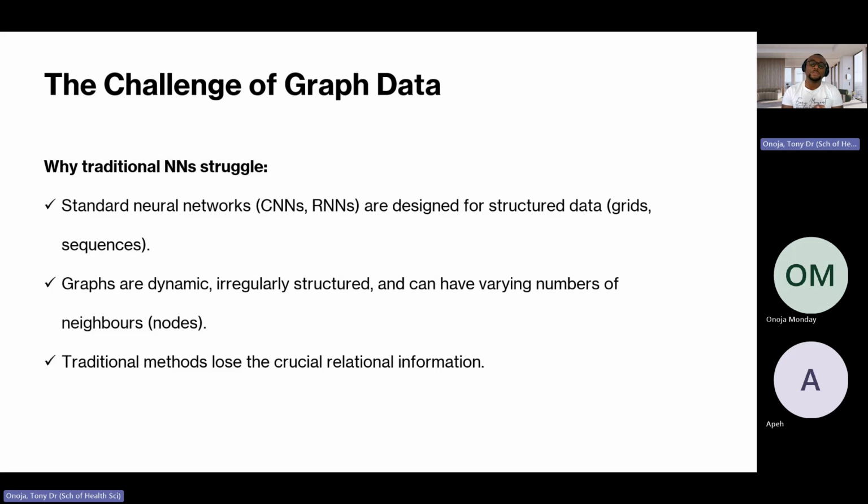One of the reasons is because graphs can be dynamic, irregularly structured, and have varying numbers of neighbors. This neighborhood could be up to millions, or up to thousands. So by the time you are trying to represent them in the normal way, there is a high tendency you could suffer from the curse of dimensionality, sparsity, and so many issues could come up for you because of the complex nature of these approaches.